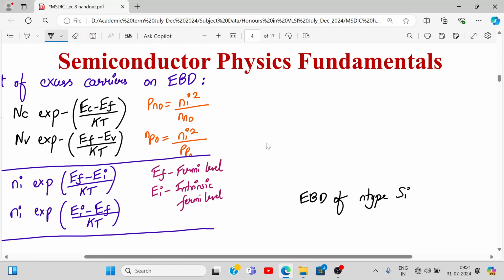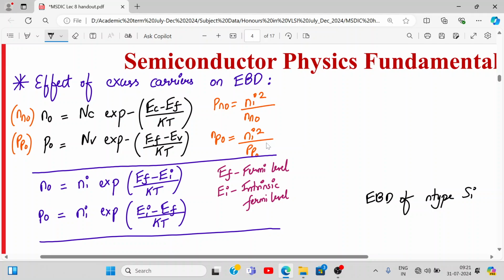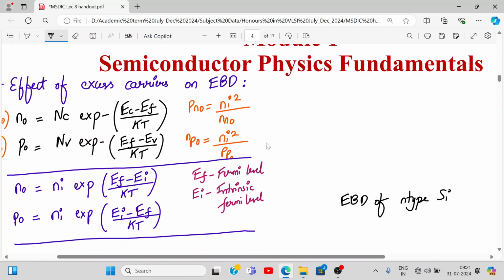Even if you don't write the formulas, it's fine, but we are going to compare with the excess carriers, that's why. Now just wait, let me draw the energy band diagram, then you can complete this. Okay, just hold on.